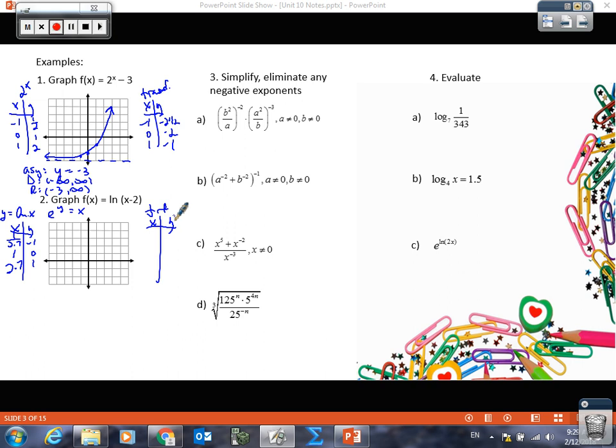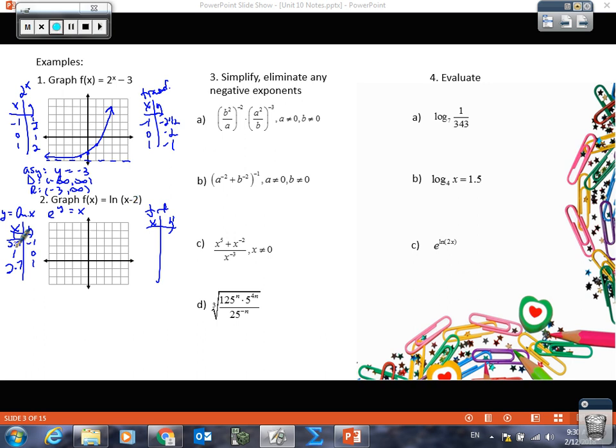Let's see what's going on here. I have an x transformation here. And those x transformations, they're just trouble, aren't they? It's always opposite. It says minus 2, but the transformation is actually right 2. I'm transforming my points, not plugging in points. I'm going to have to take all of my x's and add 2 to them.